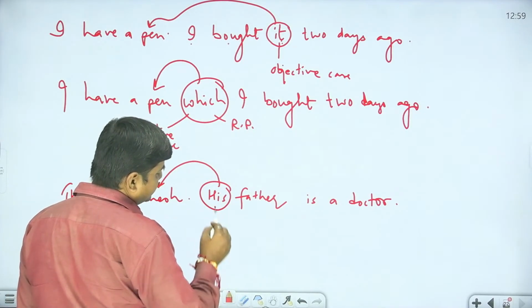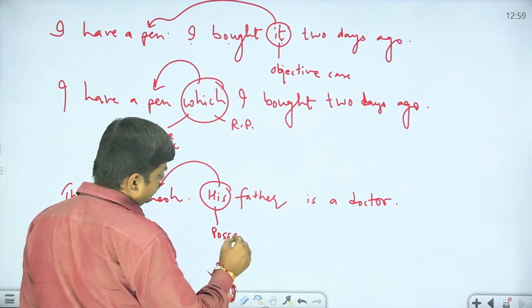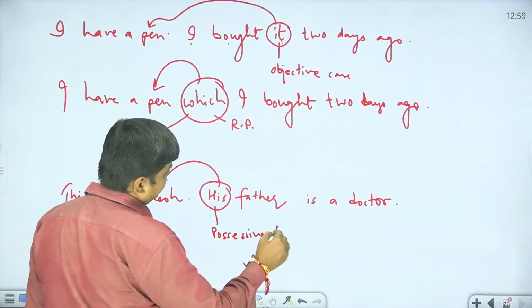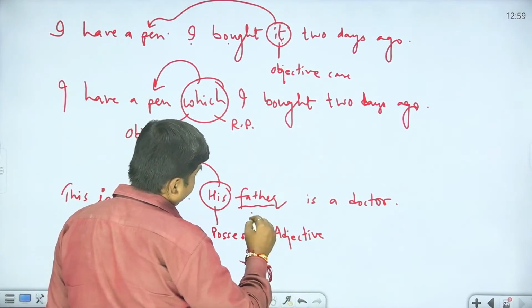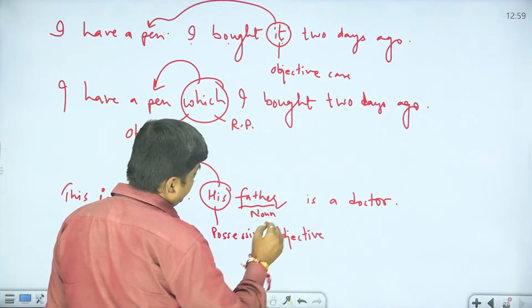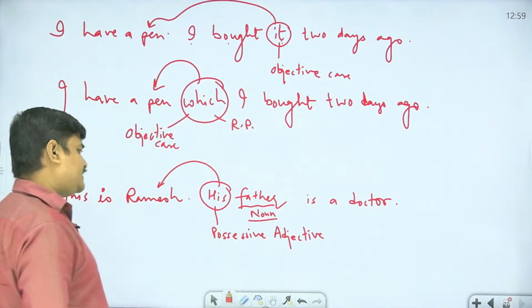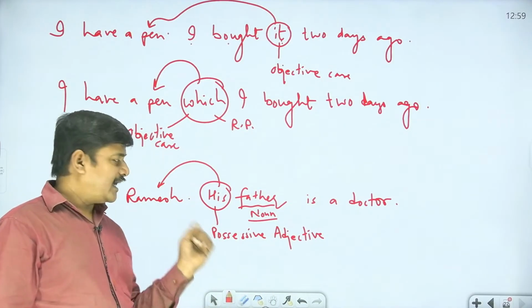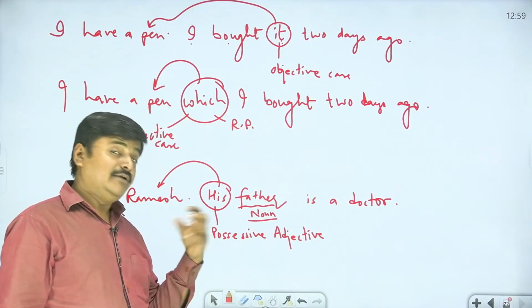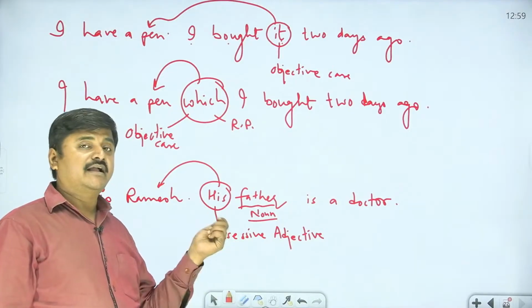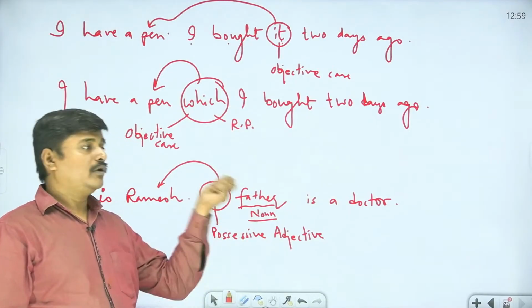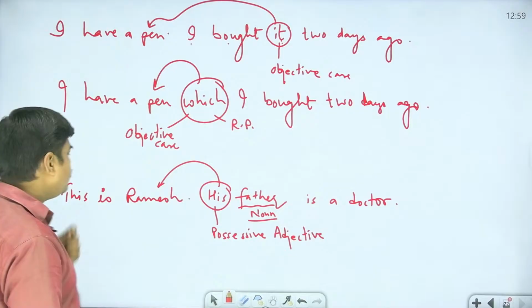So, his is actually a possessive adjective here, and after that there is a noun. It means we have to use the same kind of word that can work as a possessive adjective and can also be used before a noun. What will be the word?